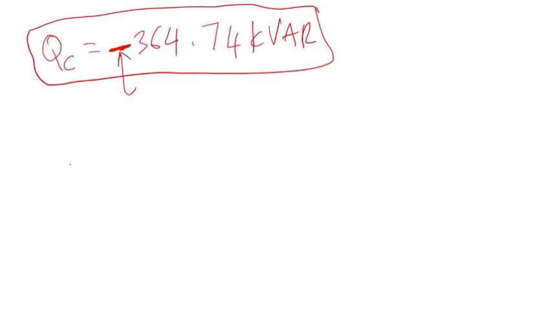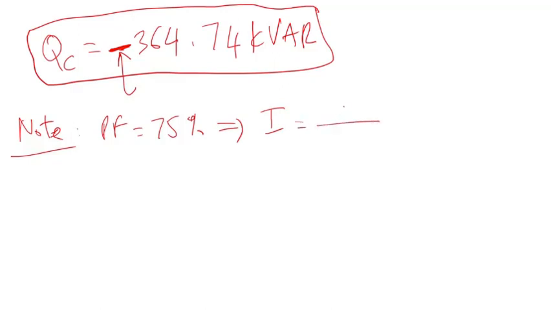One thing to note when you correct the power factor: with power factor equal to 75%, the total current that will flow is equal to the complex power magnitude divided by square root of 3 times the line-to-line voltage, which is 480 volts.